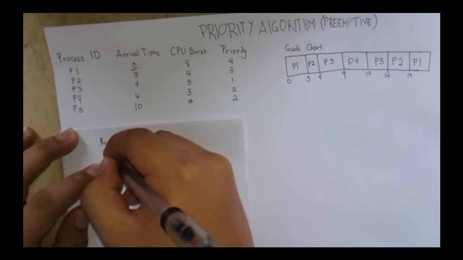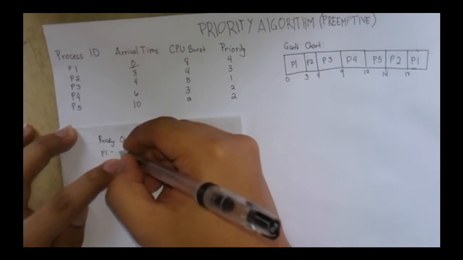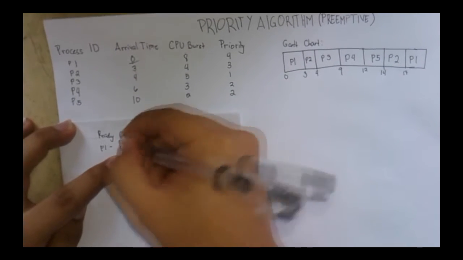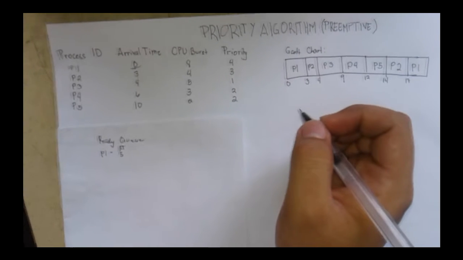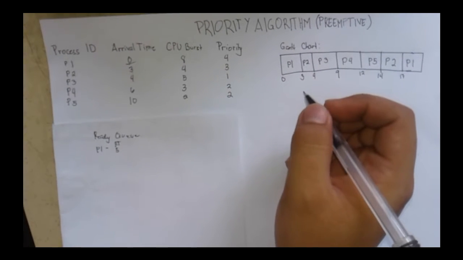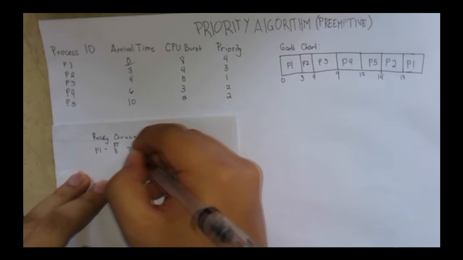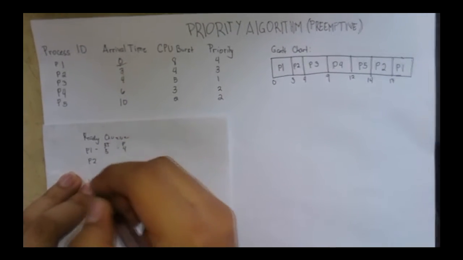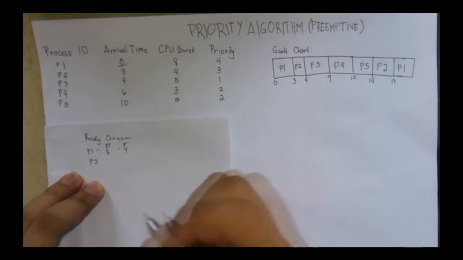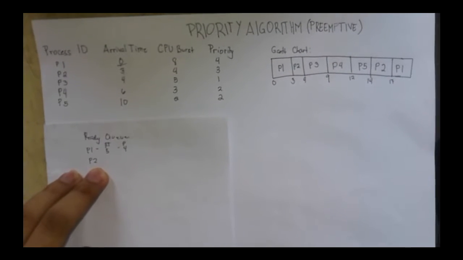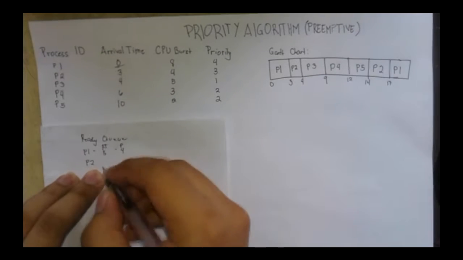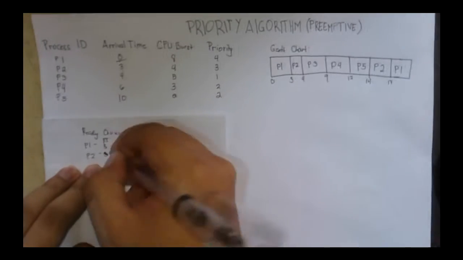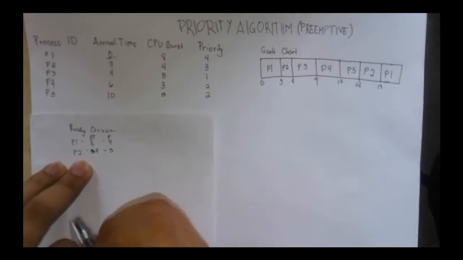So P1 has a remaining time of 5 because P1 consumed 3 seconds when it was executing, and its priority is 4. Then P2 arrives at time 3 with a burst time of 4 and its priority is 3.